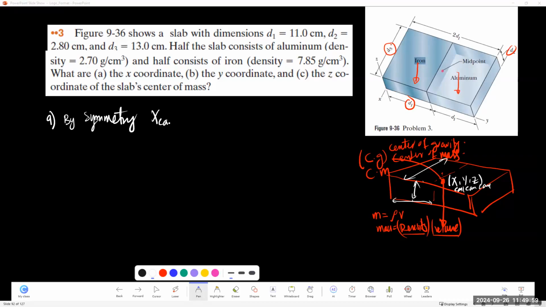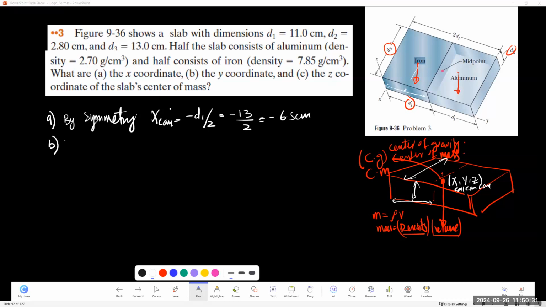So really, if I take this whole thing from here to there, somewhere in the center, that will be the center of the first one. So it will equal minus 13 divided by 2. The answer will be minus 6.5 centimeter.